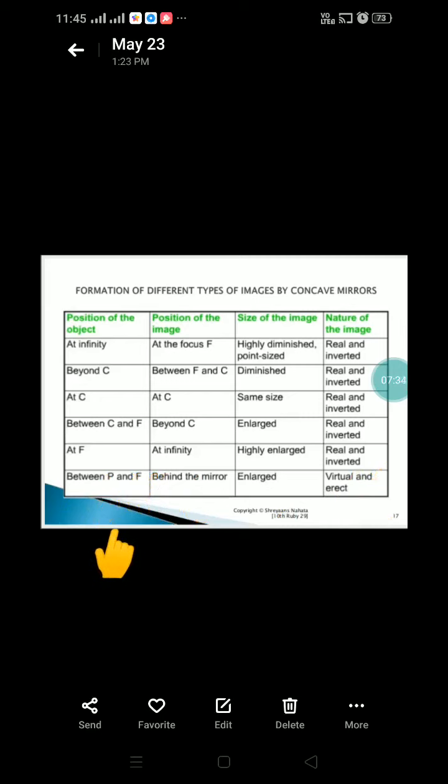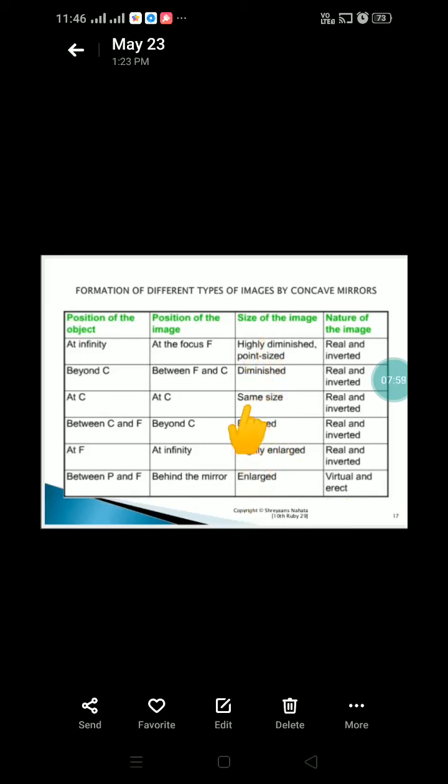Now we are familiar with the different positions of the object and the different positions of the image. You have to learn by heart these different positions and different properties. It's very simple because the nature is in all cases real and inverted. Only in one case it is virtual and erect, and this property is also important.